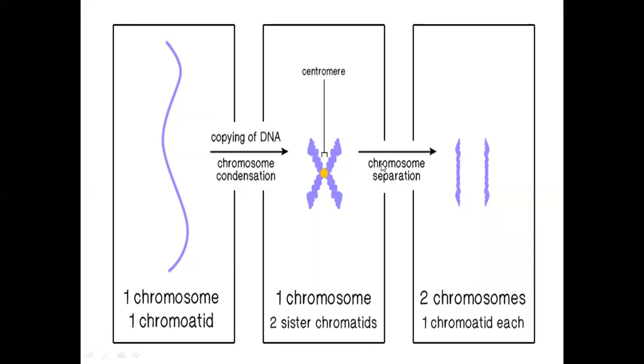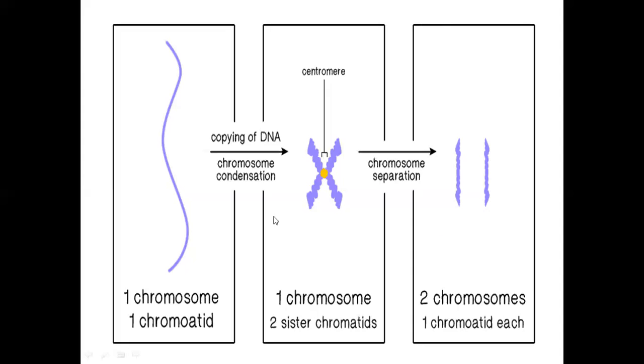Now, during cell division, chromosome separation takes place, and that is when there is a split in the centromere, and the two sister chromatids are separated from each other. They will represent the two chromosomes, which will go to two different daughter cells at the end of the cell division.